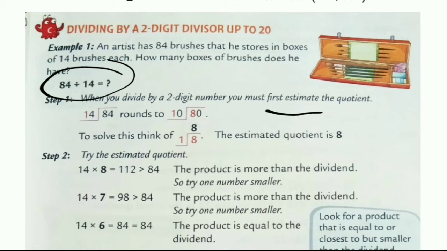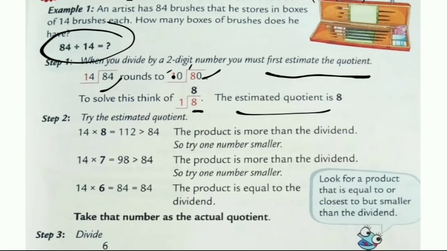Then first estimate the quotient. The number nearest to 14 is 10, or we can say 14 rounded to 10 is 10, and this 84 is 80. It means now we can check with only one number. So 1 eight is 8. So the estimated quotient is 8.